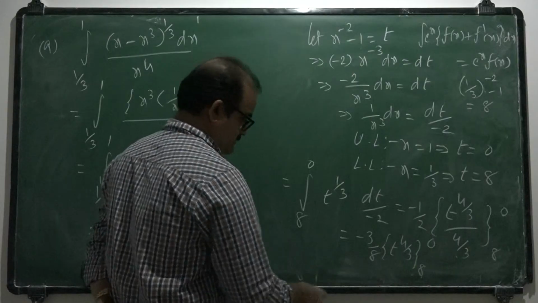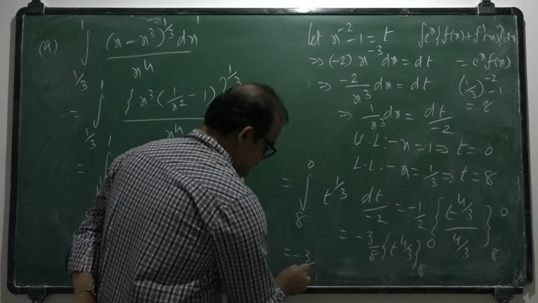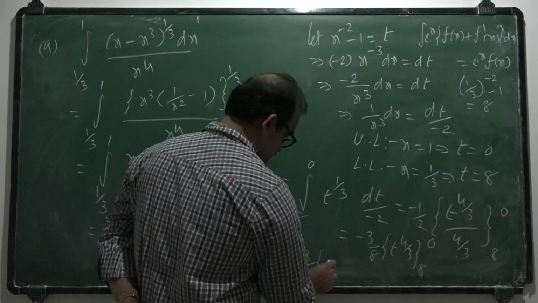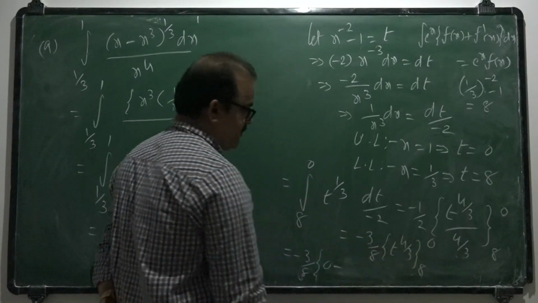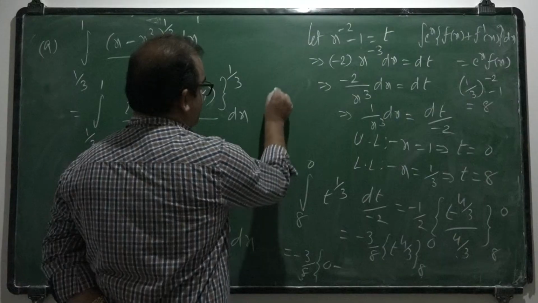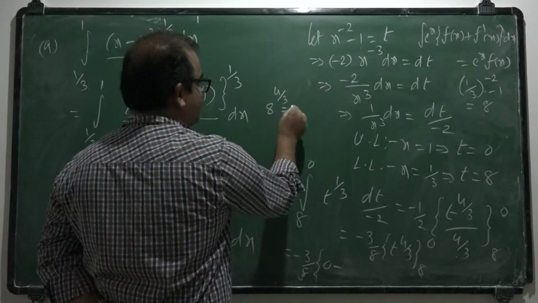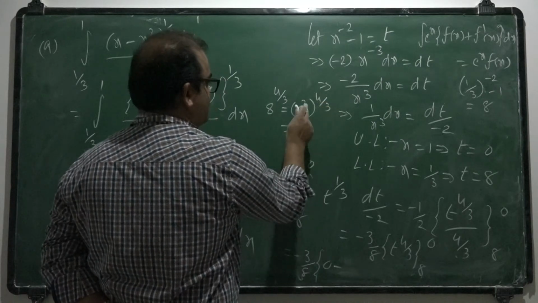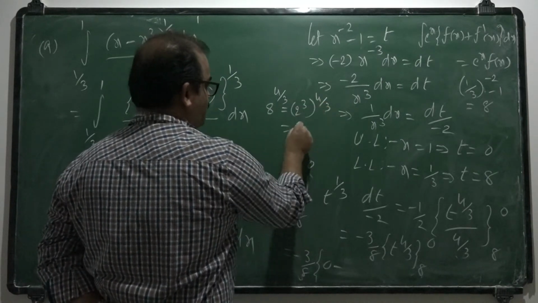Apply the limits: minus 3 by 8 into (0 power anything is 0, minus 8 power 4 by 3). 8 power 4 by 3, 8 is taken as 2 cube whole power 4 by 3. 3 and 3 cancel. 2 power 4 is 16.